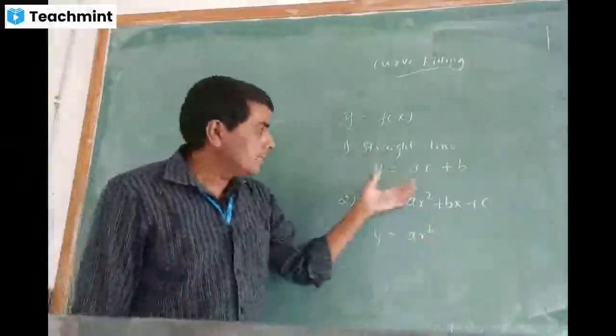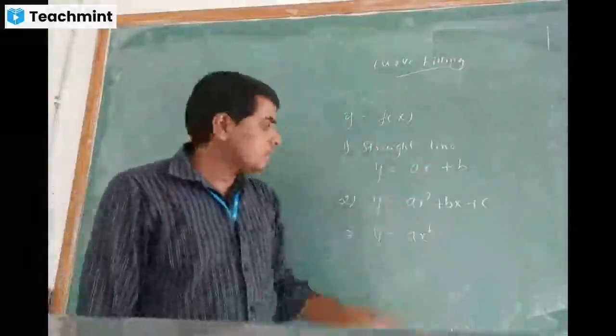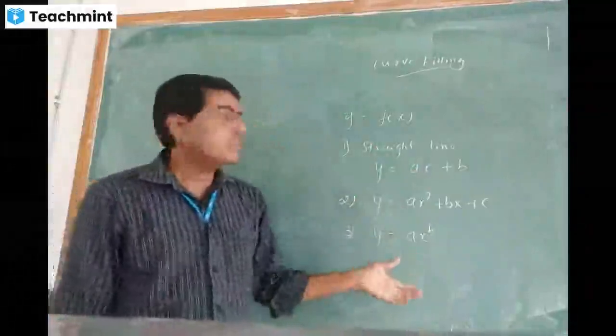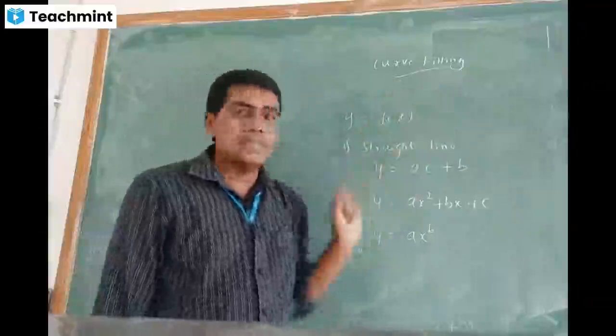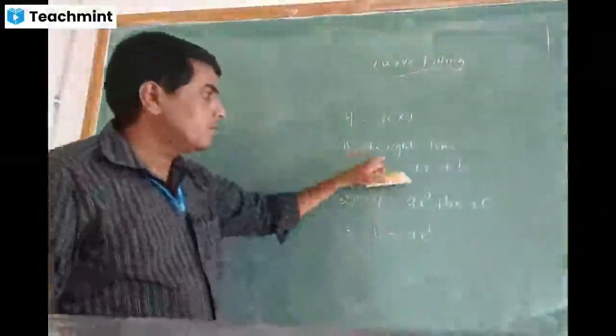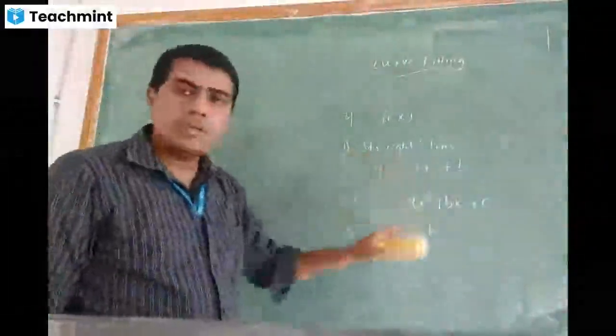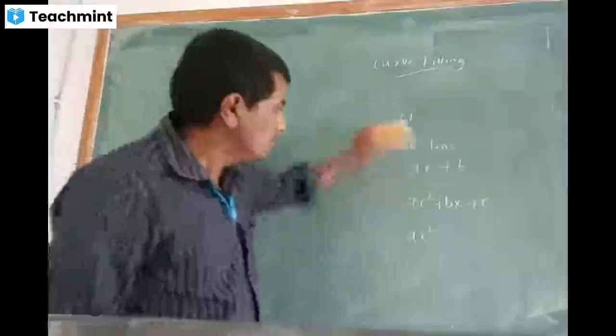For these three types of curves we are going to use the curve fitting method. Let me teach how to fit the curve for a given set of data, especially for the straight line. One by one we will discuss. First let me consider the straight line.